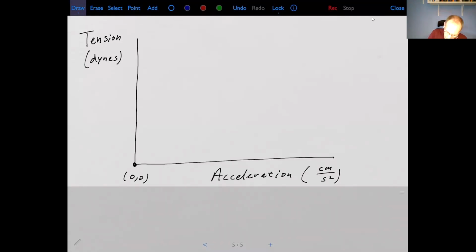And we know the equation, right? Remember on the cart, we have the equation T equals M1A. So this has the form of a line, right? This is like Y equals MX plus B, where B is 0 in this case. So if you look at your data, hopefully it looks pretty linear. So you want to do a linear fit.